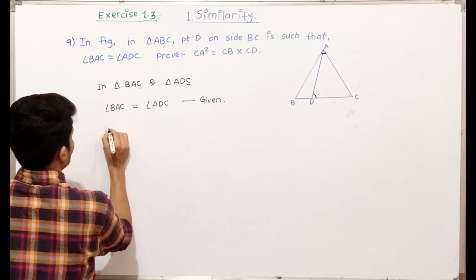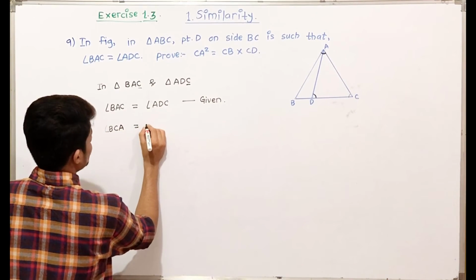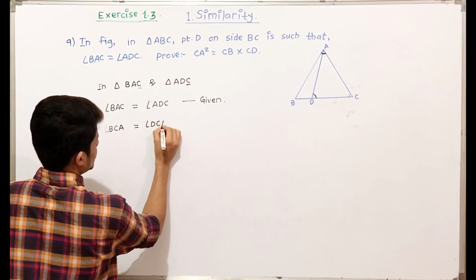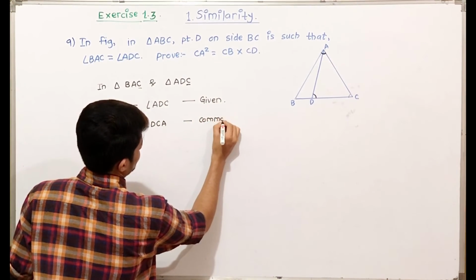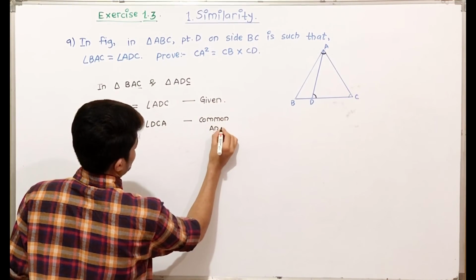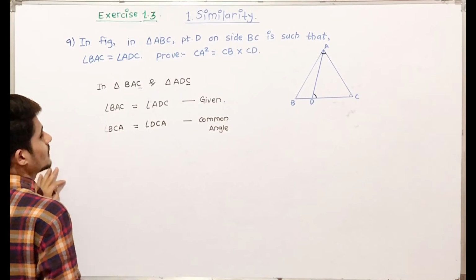So angle BCA is equal to angle DCA, common angle. So we have two pairs of angles equal.